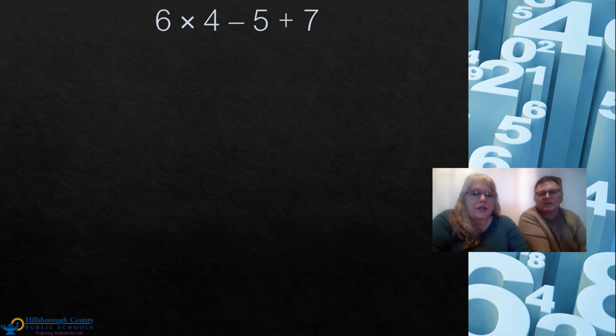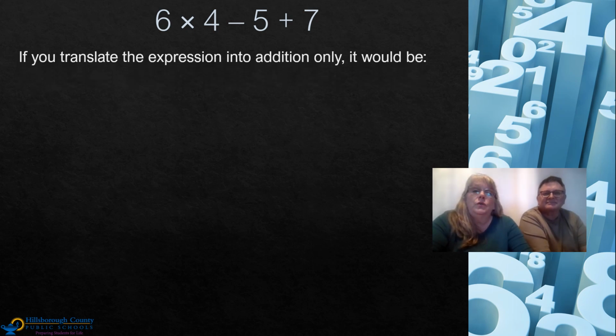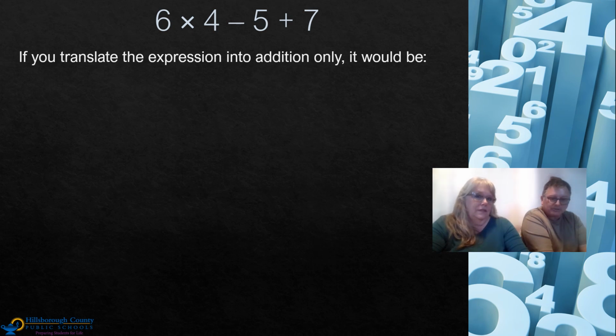So now we're going to take a look at some of the tasks that you did in your first task slide. This was the first expression, and I can take any expression and turn the entire thing into addition only. So Daryl, I'm thinking about 6 groups of 4. So I could think, oh, that's like repeated addition. Correct. I would write 4 plus 4 plus 4 plus 4 plus 4 plus 4. I think that's 6 times. Yes. And that gives me 24.